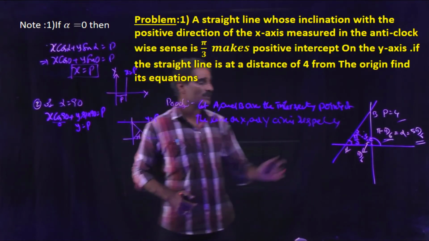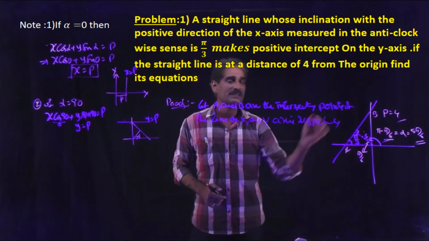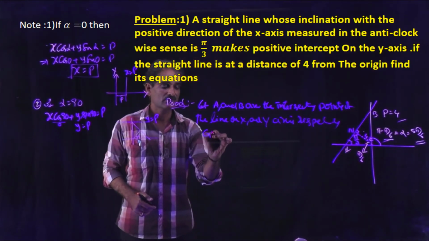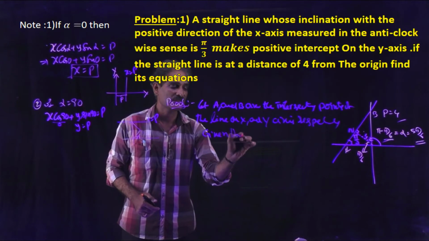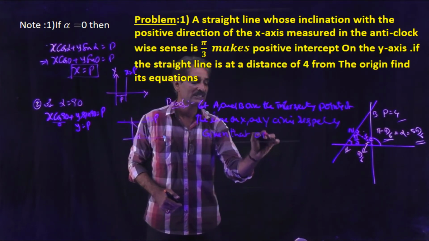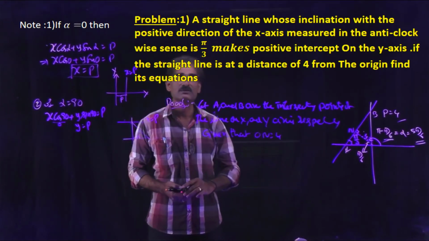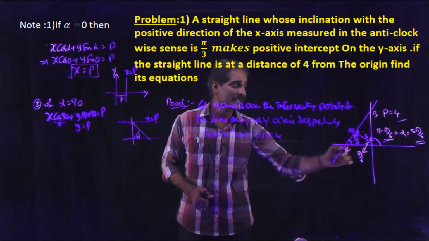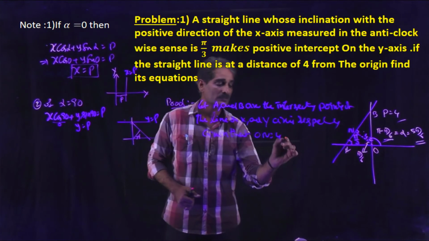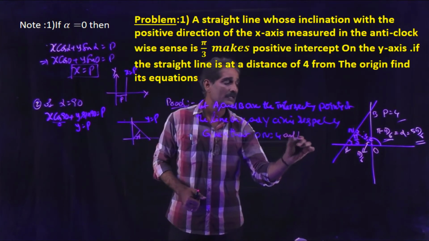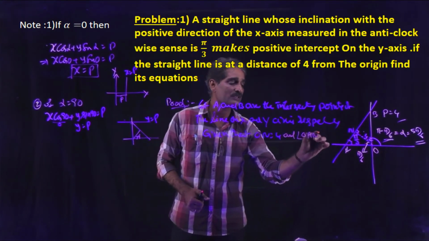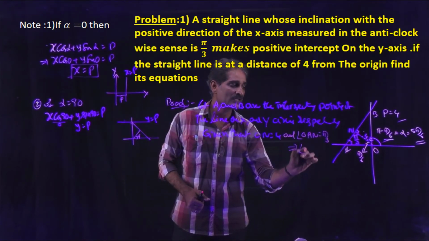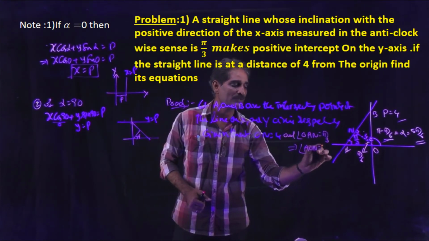Draw the perpendicular from origin to the line. Let us take ON. Given that ON is equal to 4 units, and angle OAN is equal to pi by 3. This implies angle AON is equal to pi by 6.